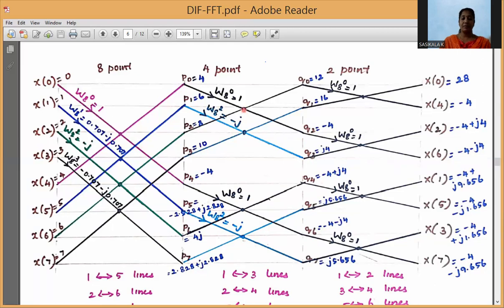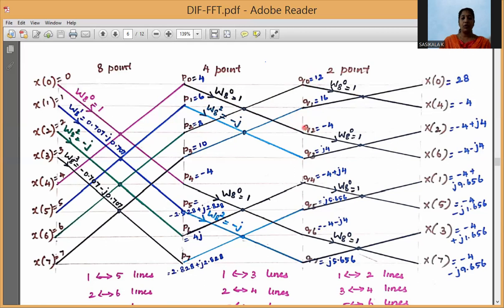Okay, so this is the first butterfly. The inputs are P0 and P2. The outputs are Q0 and Q2. So what is Q0? Q0 is equal to the first input plus second input, that is P0 plus P2. So P0 plus P2 is 4 plus 8, which is 12. So Q0 becomes 12.